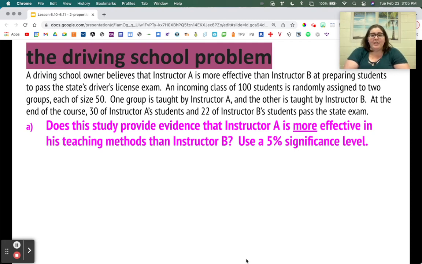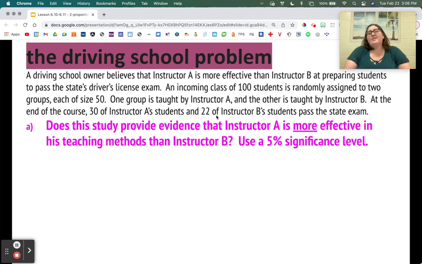One thing I want to mention here again is that obviously in our sample, the sample sizes were both 50. Clearly, instructor A had a higher number of students pass the state exam. So if we were just saying for this one group of students, instructor A is more effective, obviously.